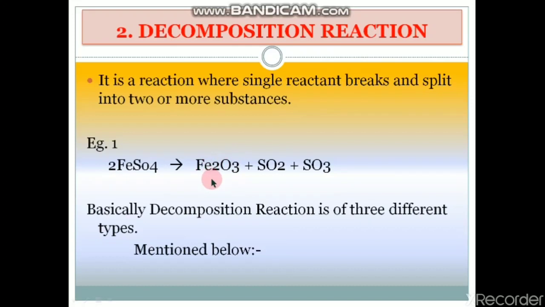Ferric oxide, or iron oxide as you can also say, is a solid, and gas particles come out. Decomposition reaction is basically divided into 3 different types. Let's see them one by one.